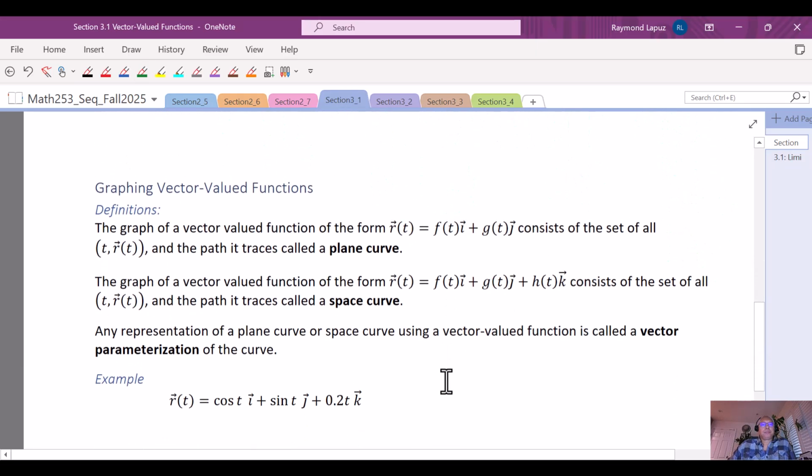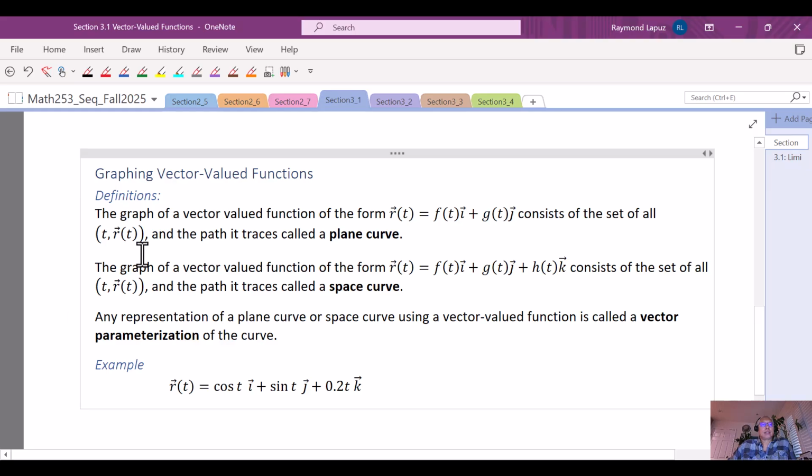All right. Now, a graph of these things we may have seen before is going to be the set of all t values, and for each t value you have the r of t, which in 2 dimensions would have an x component and a y component, or in 3 dimensions you would have an x, y, z component.